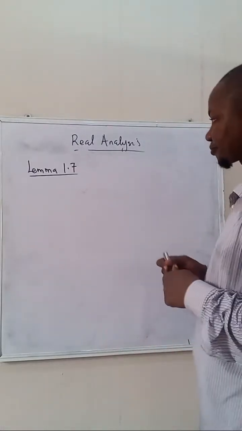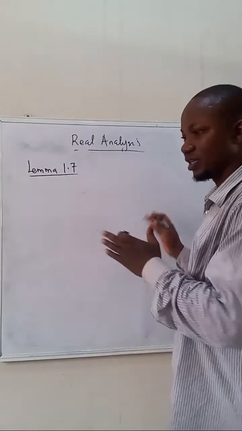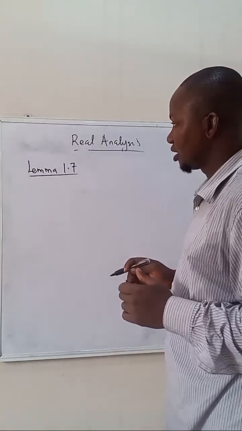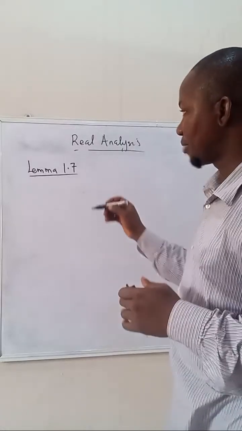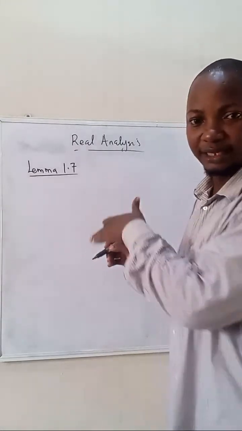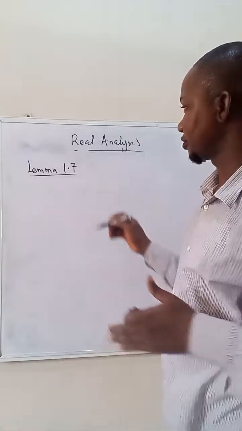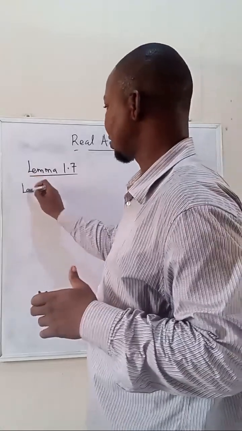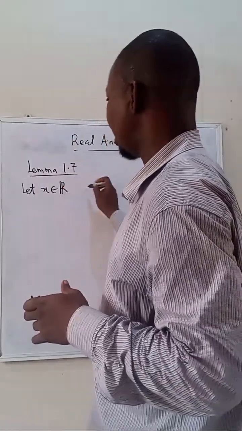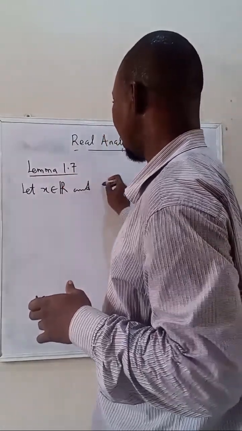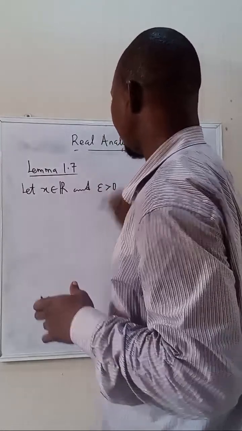So now, I want to state one of the lemmas that is usually useful in this course. The lemma is under the absolute value properties. We say let x be a real number and epsilon is a positive number.